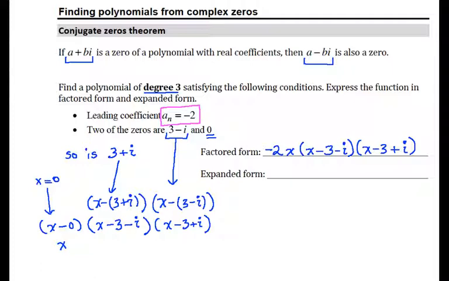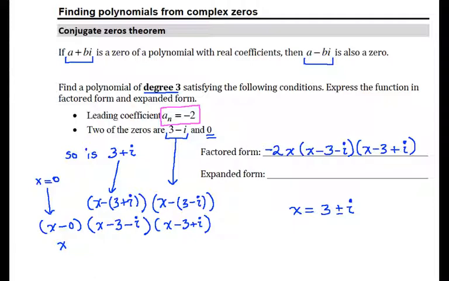Another way to do this is to back up the process of completing the square. So I'm going to follow that way first, and then I will also show what this could look like if we were to choose to just multiply out the factors. So starting with completing the square, the idea is this. I'm given that x is equal to 3 plus or minus i as 2 of my zeros.